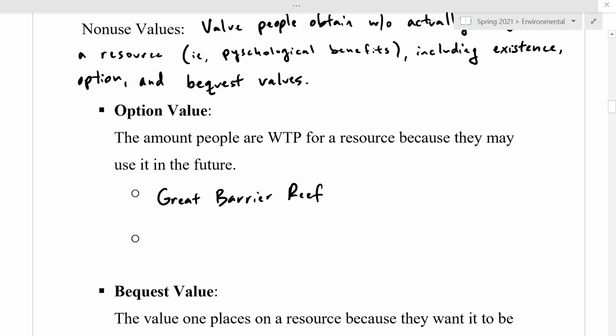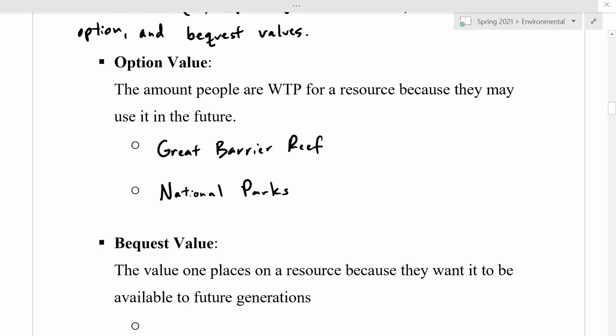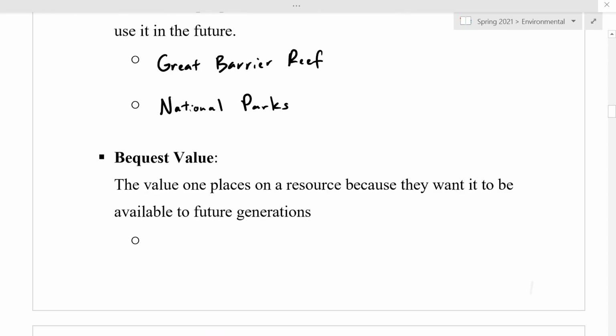This could also go for the Arctic National Wildlife Refuge or just other national parks in general. Essentially, I want the option to see it later, so therefore I assign value to it now.